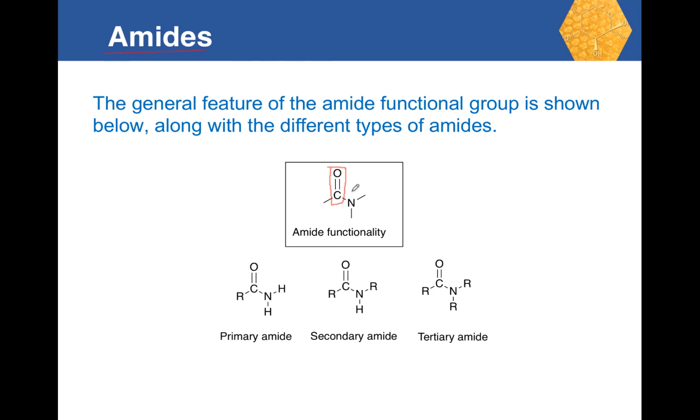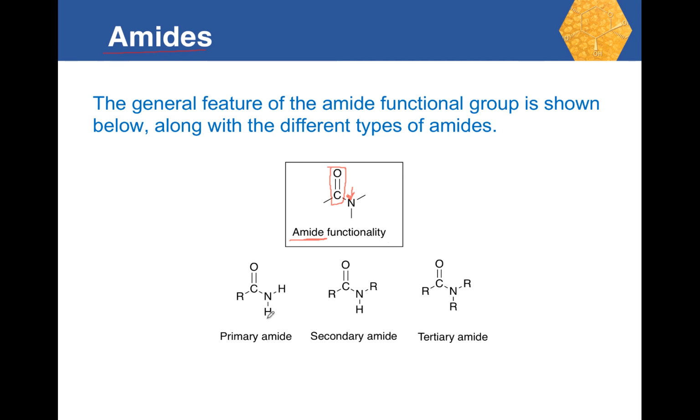It's not bonded to another alkyl group, carbon containing. It's not bonded to an OH, as in carboxylic acids, and it's not bonded to an OR alkyl group, as in an ester, but it's bonded to a nitrogen.